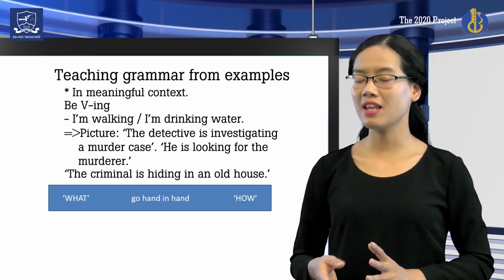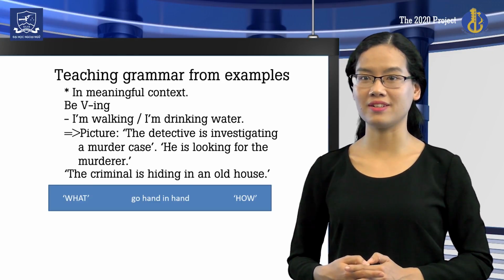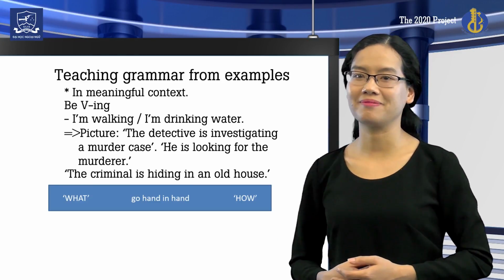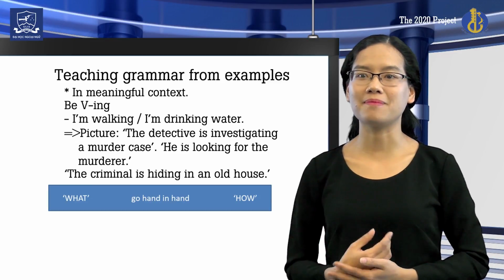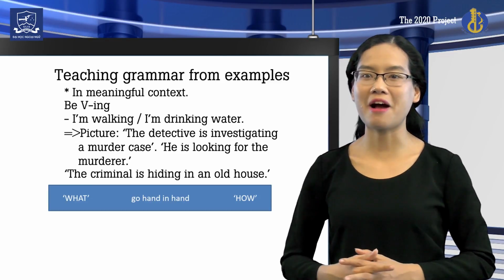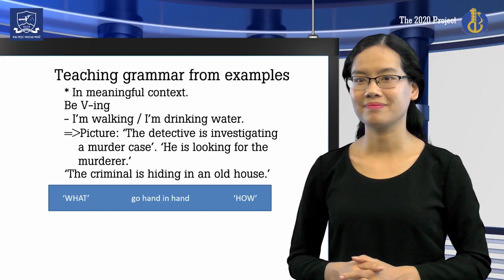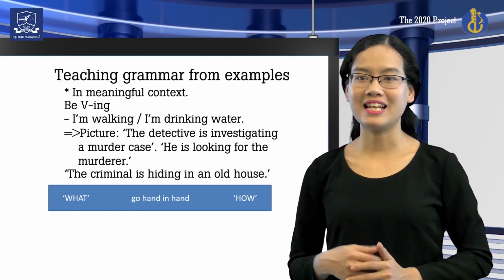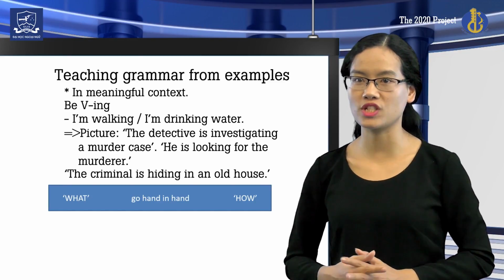However, in real life, we never drink water and say, I'm drinking water. Or we never say, I'm teaching English to describe our action, right? The two examples lack a context to support their meaning.